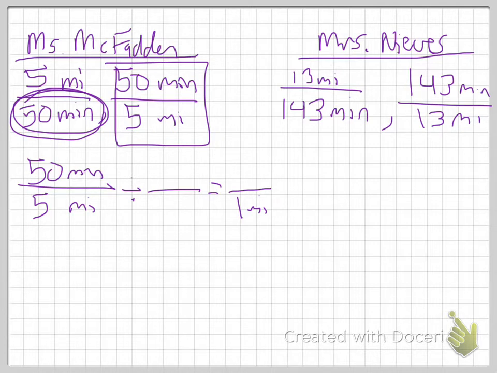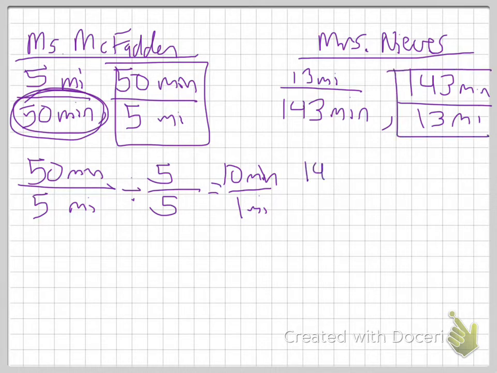So in order to get my denominator to 1, I need to divide by 5, so I need that 5 on top also, and that means it takes Miss McFadden about 10 minutes to run 1 mile. Me, on the other hand, if we do the same, oh, nope, I forgot, I didn't want to use that one. I want to use minutes per mile, not miles per minute.